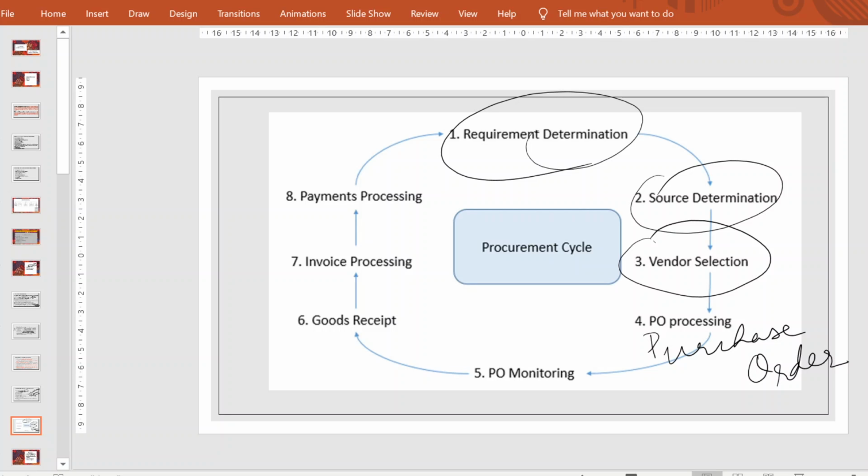That is purchase order processing, and after that this will be checked by the supplier, and they will acknowledge the order. After that, the goods will be received at the buyer's end or in the production unit. After the goods have been thoroughly checked, the invoice will be checked and the payment processing will start. So this is the requirement cycle or purchasing cycle.